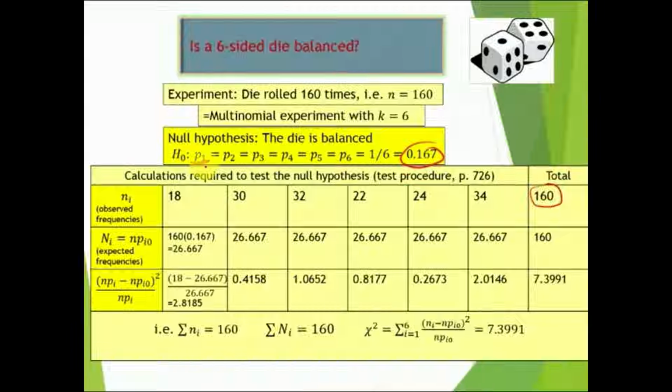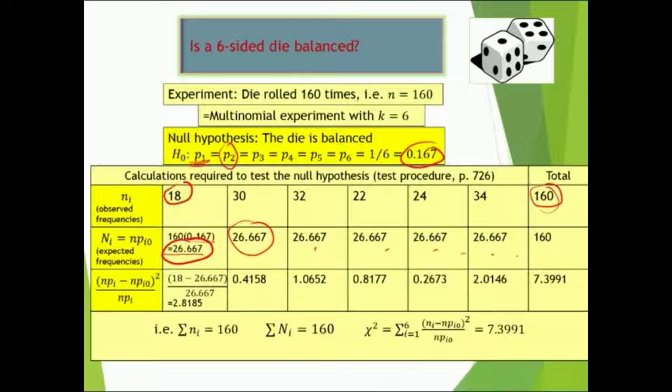So it's 160 times 0.167, and that's 26.667. In the second category, it's the same thing: 160 times the probability for 2, which gives you 26.667 as well. The remainder will be the same because a balanced die means all sides have the same probability. Now we compare what we observed to what we expect if the die is balanced.